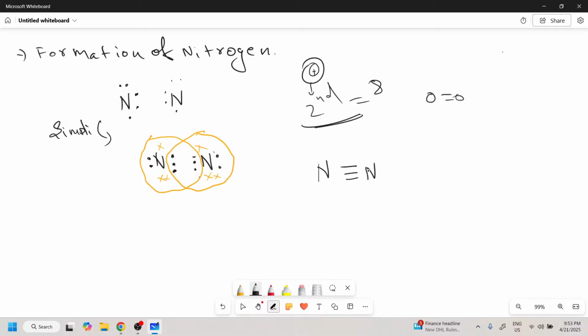I guess this would be so nice if it goes completely like that. So this is a triple bond. I guess you might have understood. You can't even write N as 2 N, that is completely wrong. So I guess you might have understood the basics now.